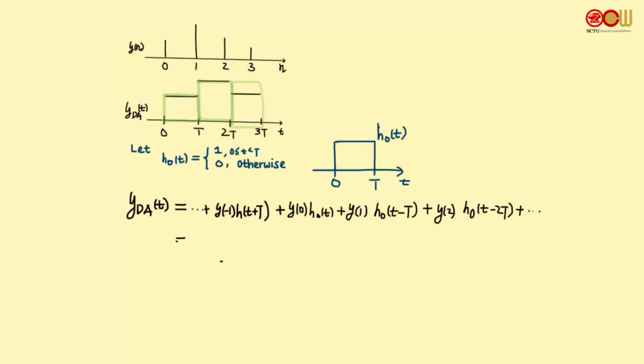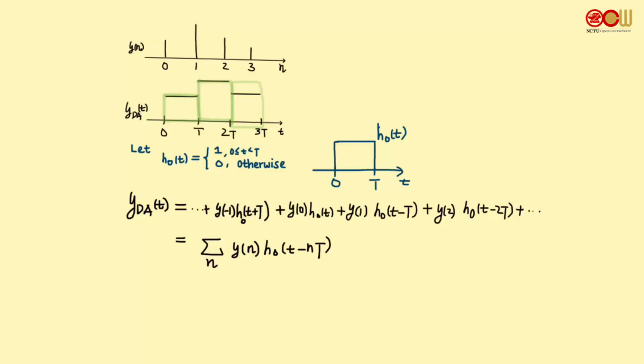So if we want to write it in a more compact form, then what we have would be Yn h0 of t minus nT, and summation over all n.